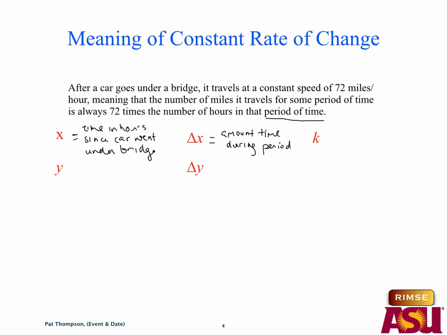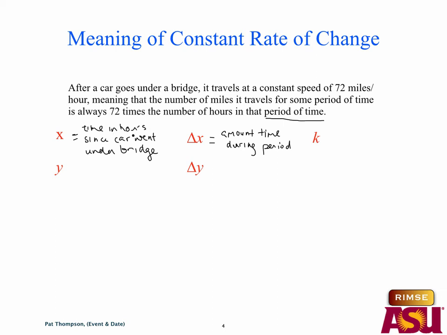How come this is so much more specific sounding than the delta x? Because while delta x is just looking at the overall time, x looks at just a specific time, so it has to be more specific. Because you could say x can equal time. What time? Time since it went under the bridge? Yeah, exactly.